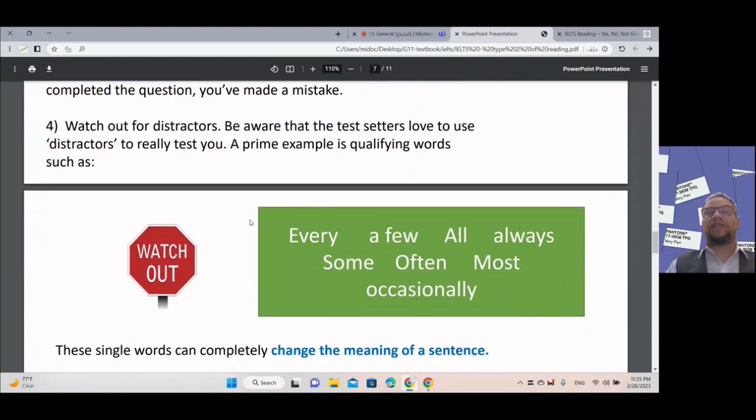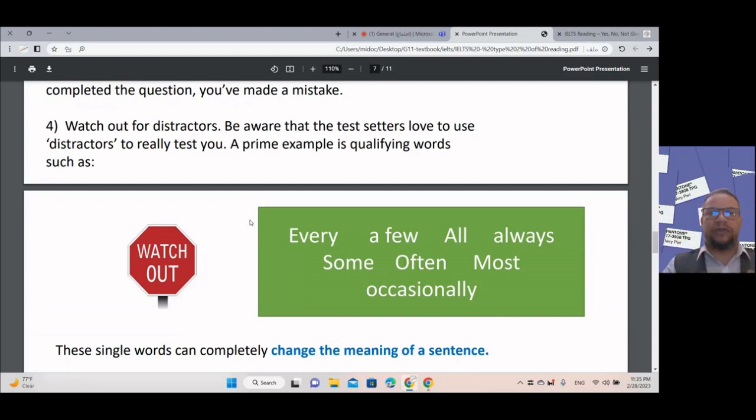Secret number 4 is about the adverb. You have to take care about the adverb words, like we have some distractors. Test setters love to use distractors, just some distraction words, to distract you.